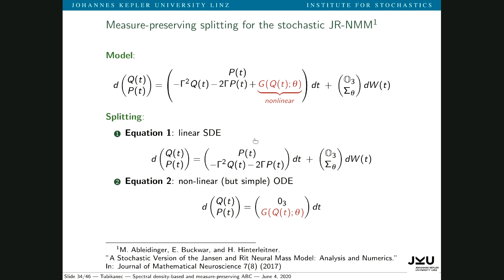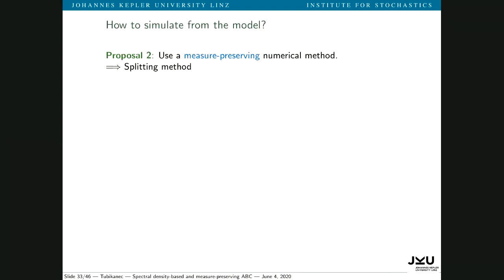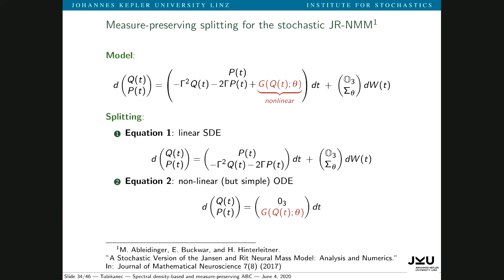Okay, so if we look at the SDE, you see that the only nonlinear term is the function g, which depends on the component q, while the rest is linear.